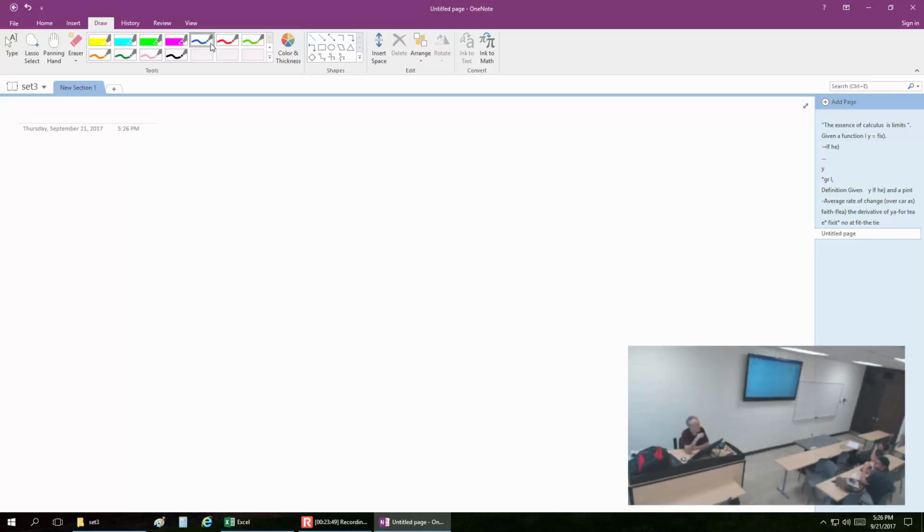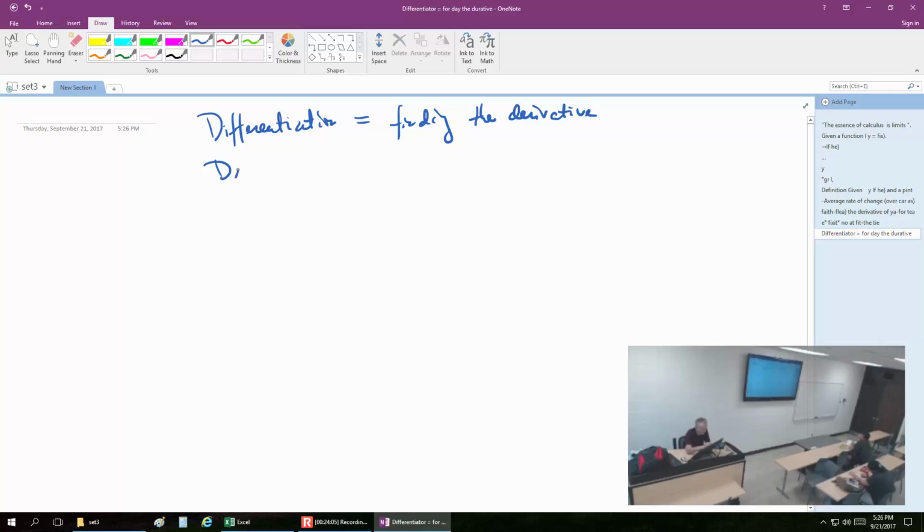The word for finding the derivative is differentiation. Differentiable is the function that has the derivative, and non-differentiable is then the one without.